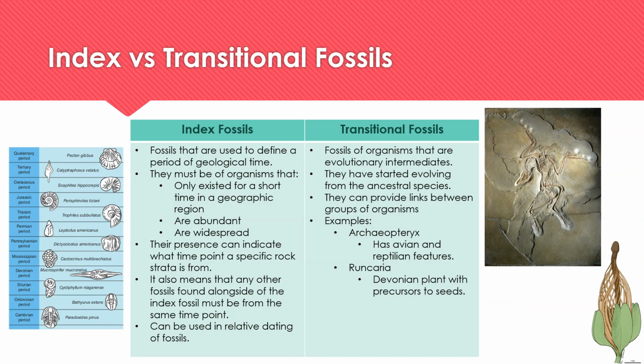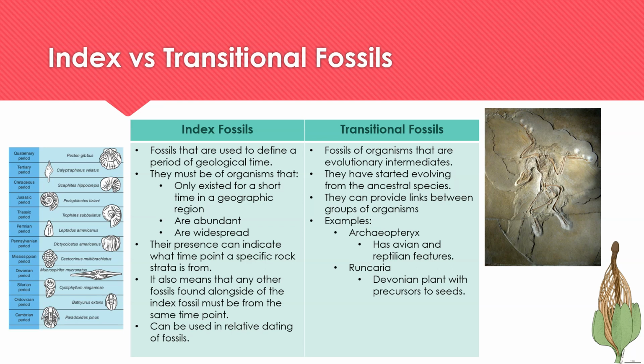Now, I mentioned before the idea that some fossils can be index fossils and some fossils can also be called transitional fossils. Index fossils are ones that we use to specifically define a geological period. This thing is only found here. It's a bit more than that. It's only found here in this region, and it's only found for a short time, but we find it in heaps and massive amounts.